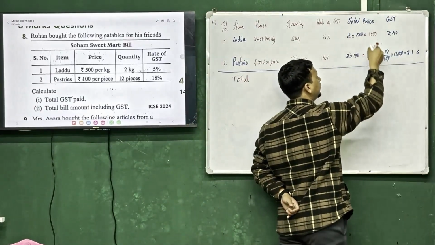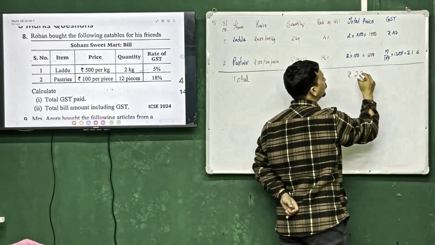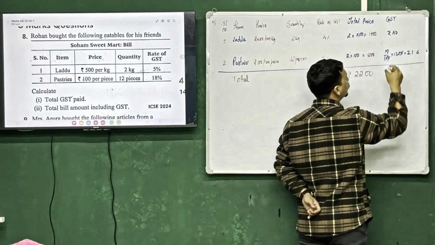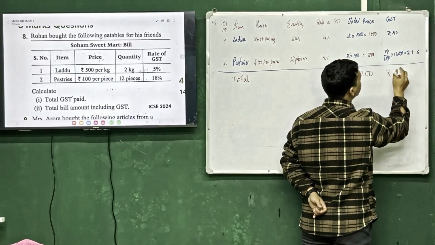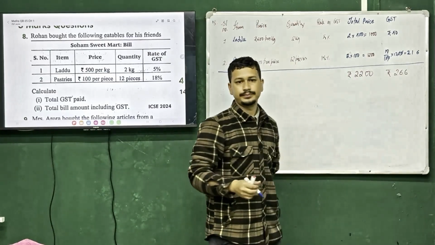The total price will be 1000 plus 1200, that is 2200, and the total GST will be rupees 216 plus 50, that is 266 rupees. Right?